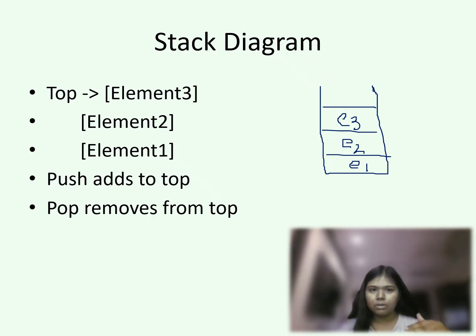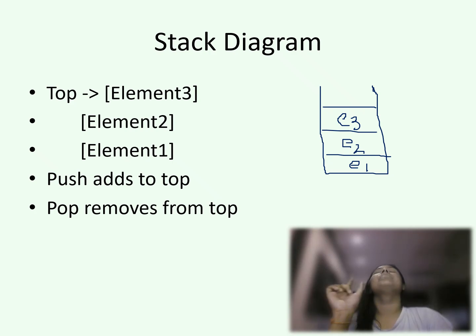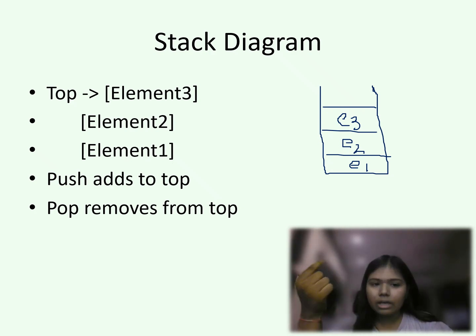Top is a variable which we use to perform operations like push, pop, and peek. The push function adds an element to the top and pop removes an element from the top. Top is a very important variable that we use in stacks. The peek function means to display the element on the top.